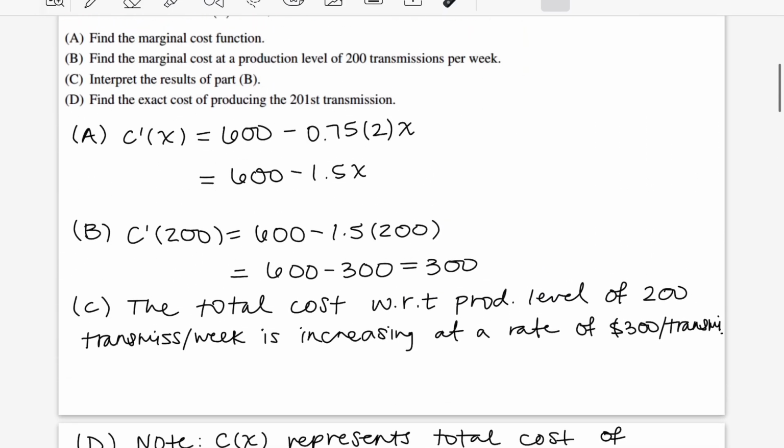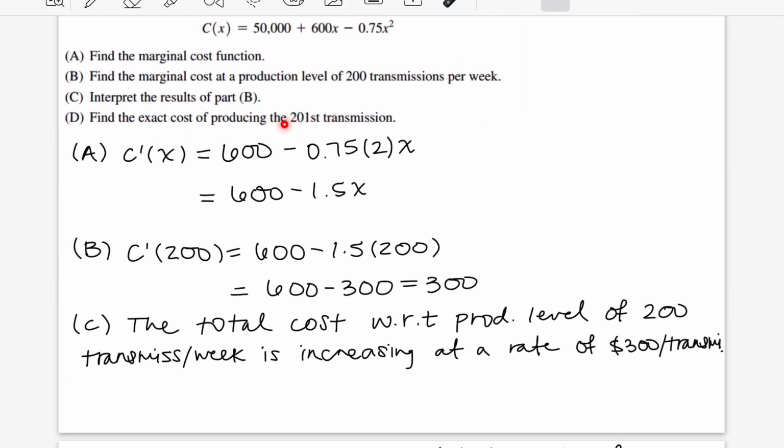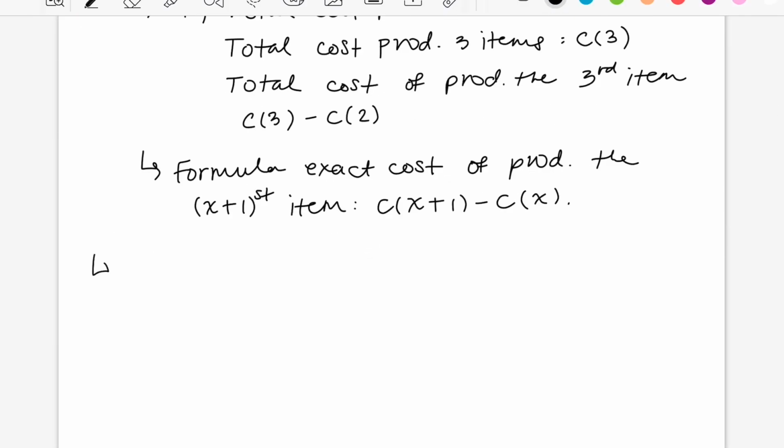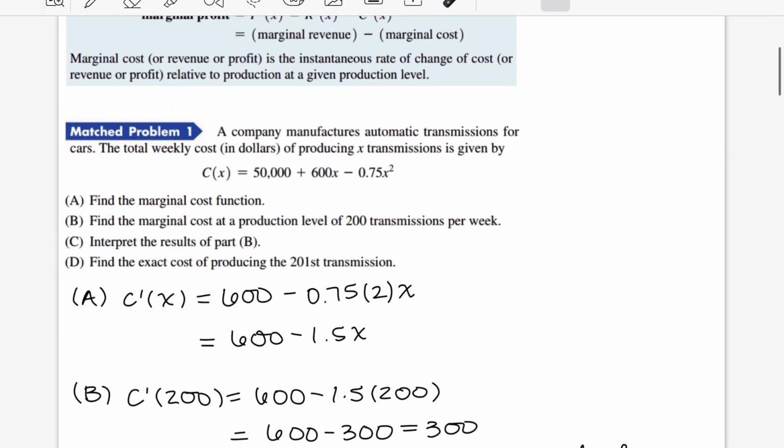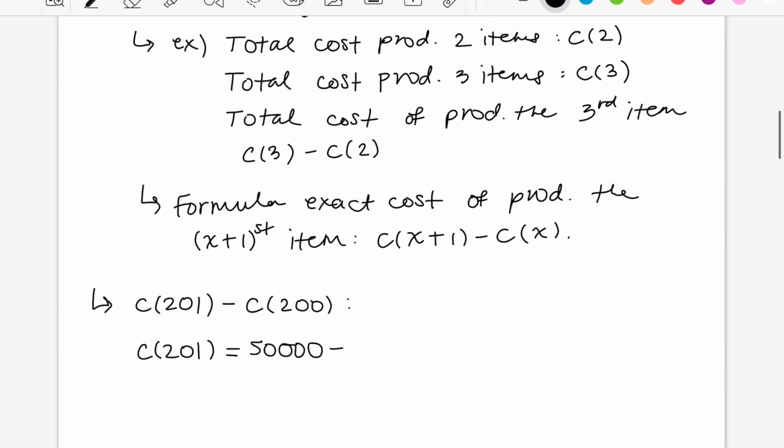So going back up to part D, we want to find the exact cost of producing the 201st transmission. So what we'll do there, we know that this is going to be C of our X plus 1, so C of 201 minus C of 200. So first, we'll plug in 201 into our cost function. And so this will be 50,000, so we're plugging into this function here, plus 600 times 201 minus 0.75 times 201 squared.